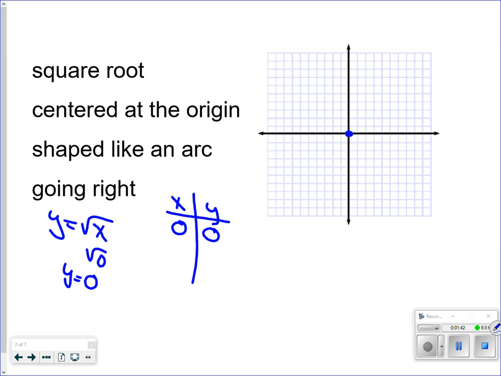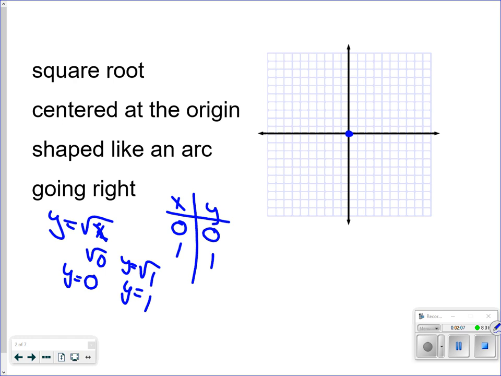So there's my first ordered pair, 0, 0. Now if I think about the perfect square numbers that we've talked about a lot this second half of the year, if I let x equal 1, 1's our next perfect square. If I put in a 1 instead, what is the square root of 1? 1.